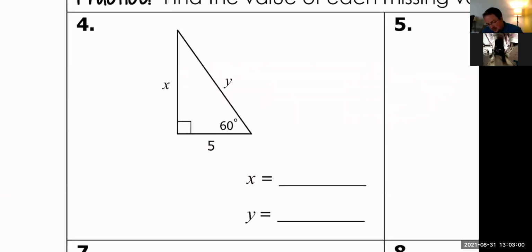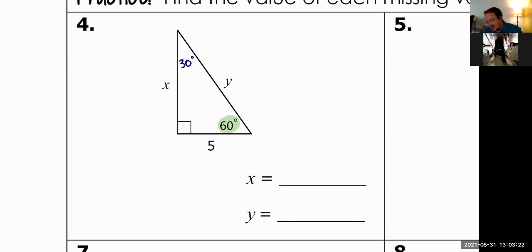Number 4, how do I know this is a 30, 60, 90? I see the 90 and a 60, which means this one over here must be the 30. So if that's the case, which one is my shorter side? The 5. Well, that's convenient because that's the one I'd really like to know.